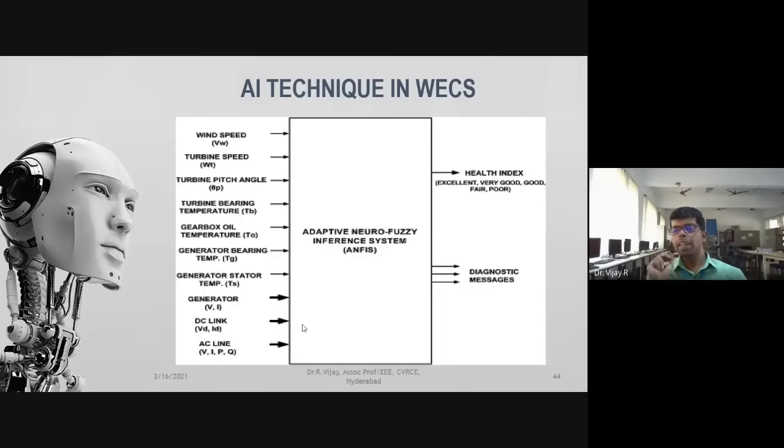Instead of 45 kilometers per hour, I am getting only 10 kilometers per hour. So better to turn off that particular turbine, like turbine number 5, turbine number 10, turbine number 100. I am getting the diagnostic message also at the control center.